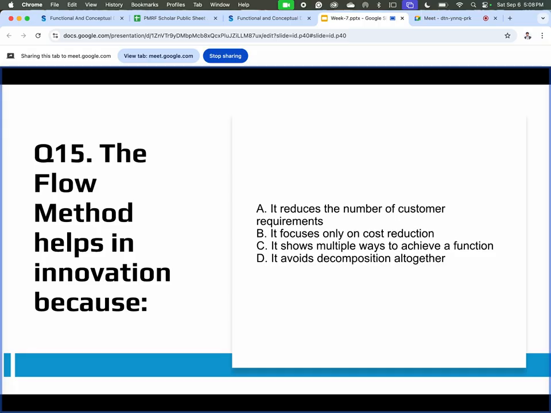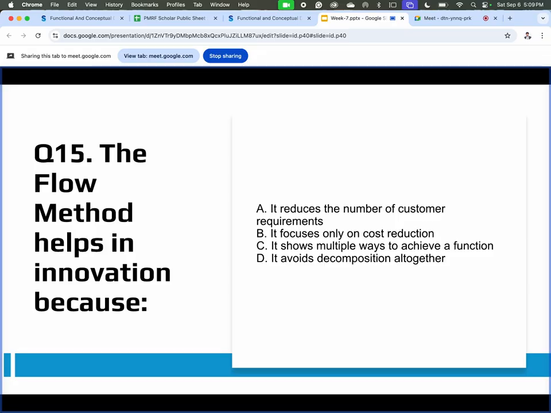Innovation often comes from rethinking how functions can be realized by decoupling functions from a specific part. The flow method encourages cross-domain inspiration. Solutions in one industry may be adapted in another because the function is the same.